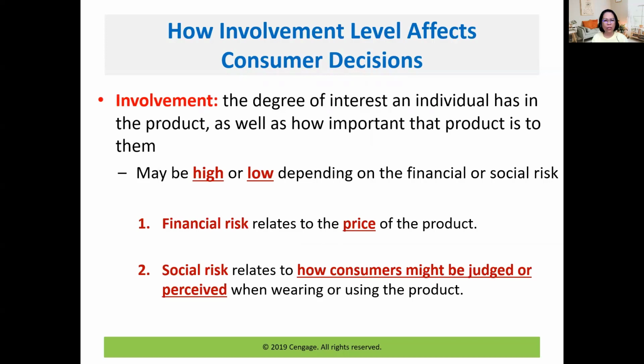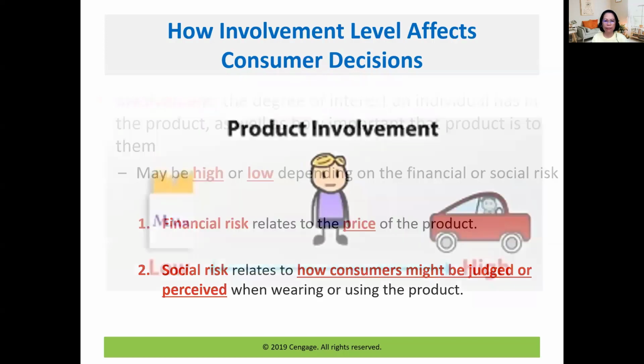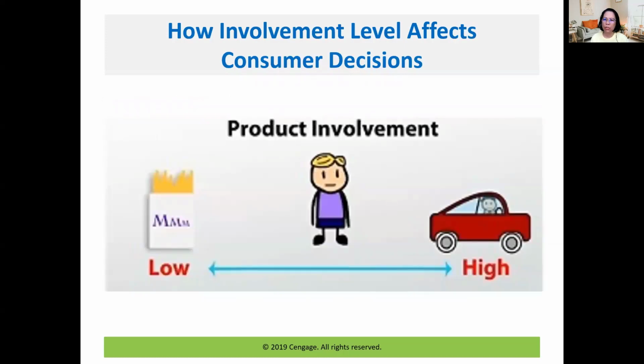Social risk relates to how consumers might be judged or perceived when wearing or using the product. So for example, buying French fries is considered low involvement, versus deciding on buying a family car, which is considered high involvement because of the price that is involved, which is usually high.